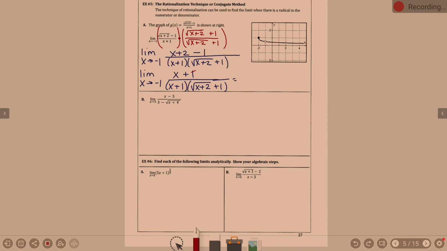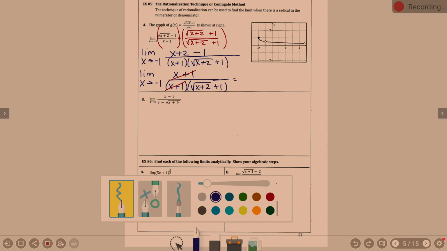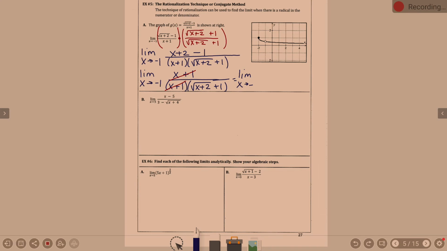I'm going to write my limit one more time. The limit as x approaches negative 1 of, if all else fails, there's nothing on top, 1, over square root of x plus 2 plus 1. And now you should be able to solve your limit using direct substitution.